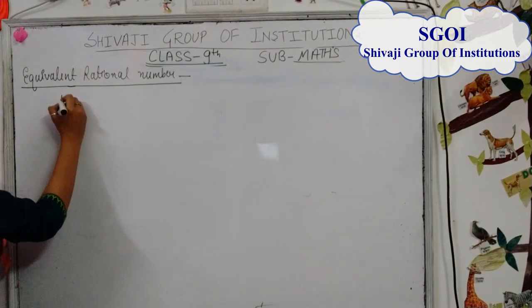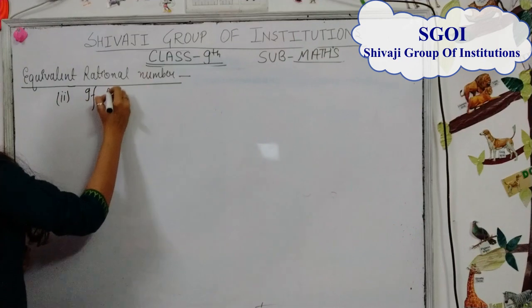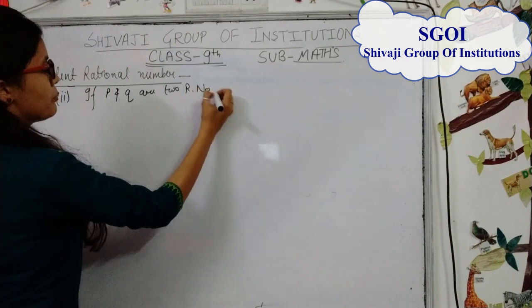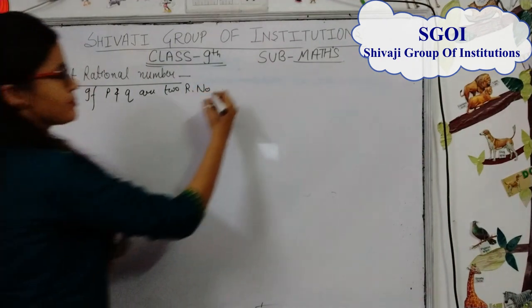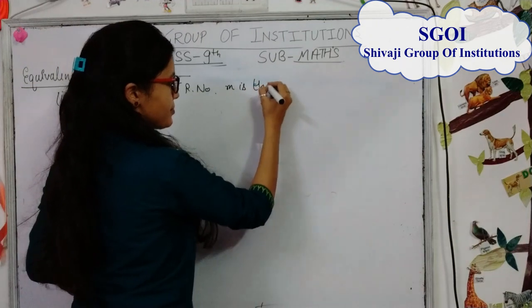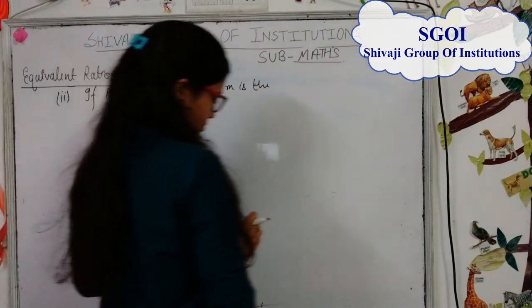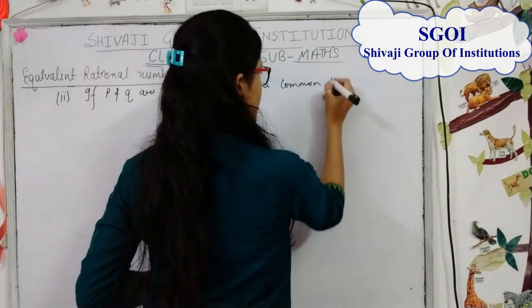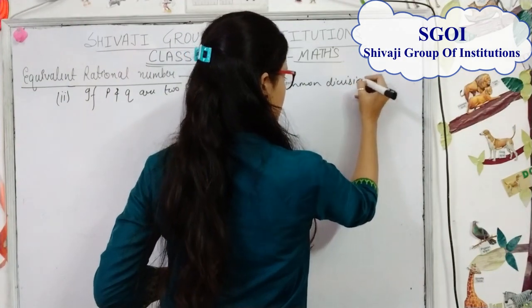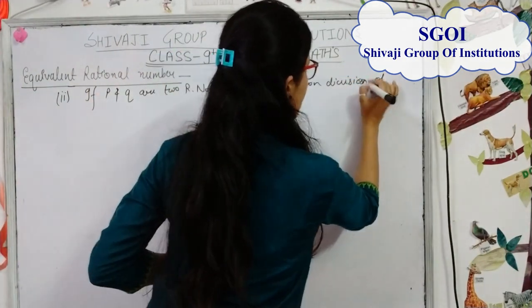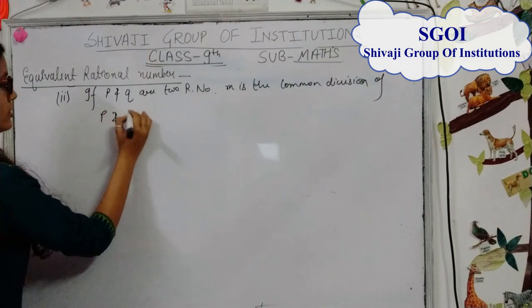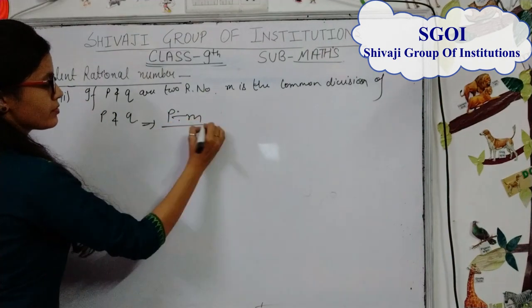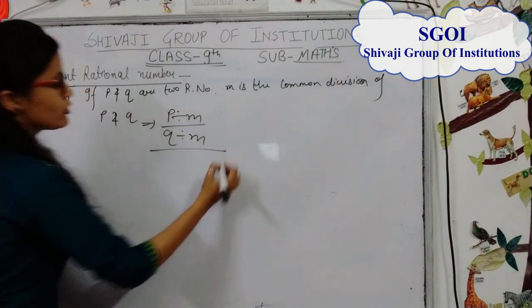Again students, in the second case, if p and q are two rational numbers and m is the common divisor of p and q, then p divided by m upon q divided by m is also a form of the rational number.